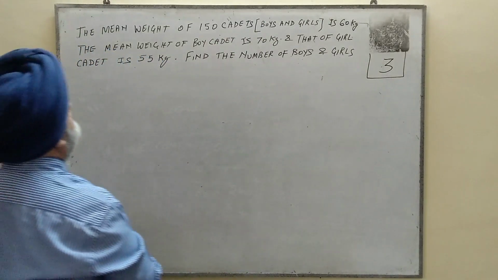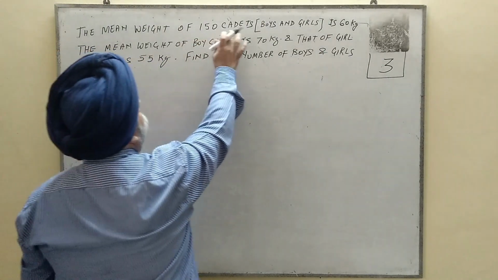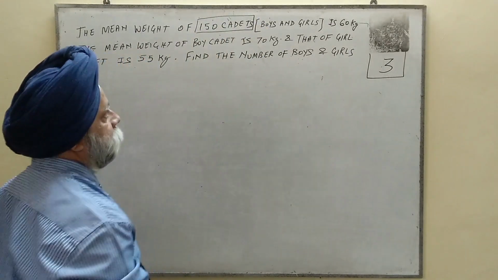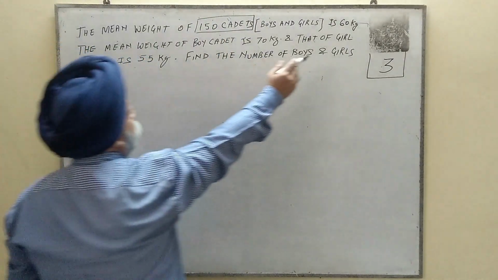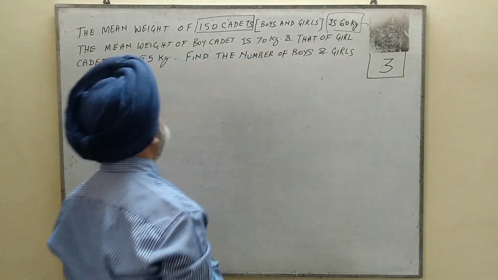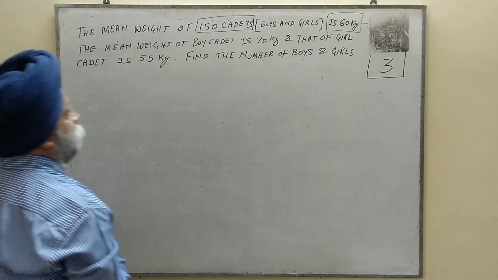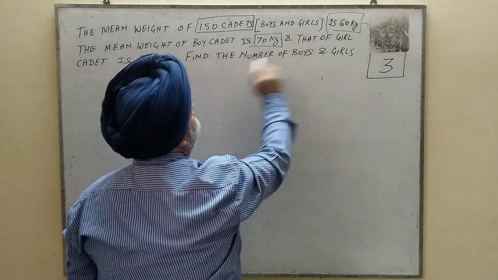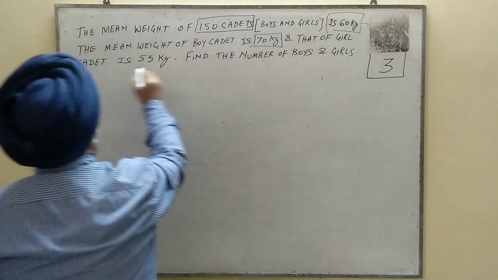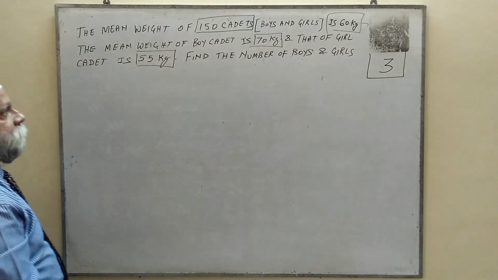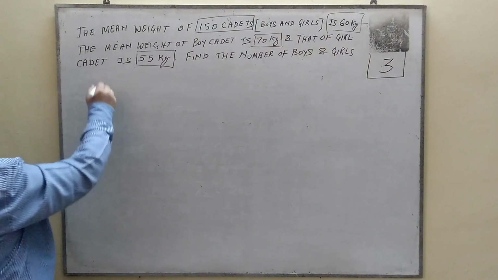In this question, the total cadets are given as 150 and 60 is the average of that, and boy cadet का एवरेज जो दिया हुआ है वो 70 kg दिया है and girl का 55 kg. फाइंड करना है हमें number of boys and number of girls.